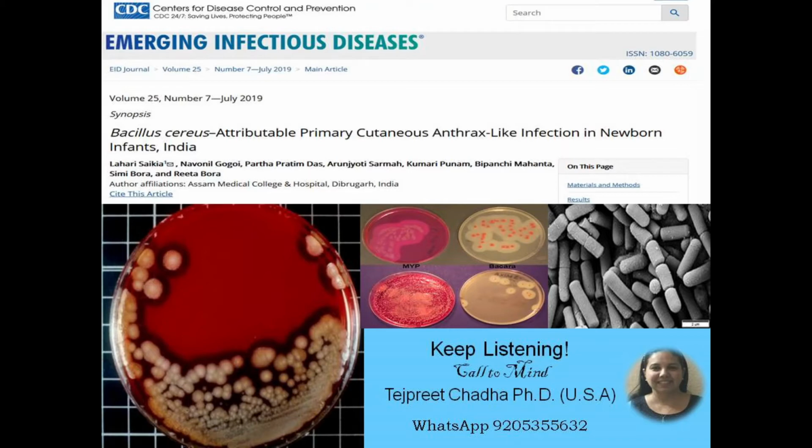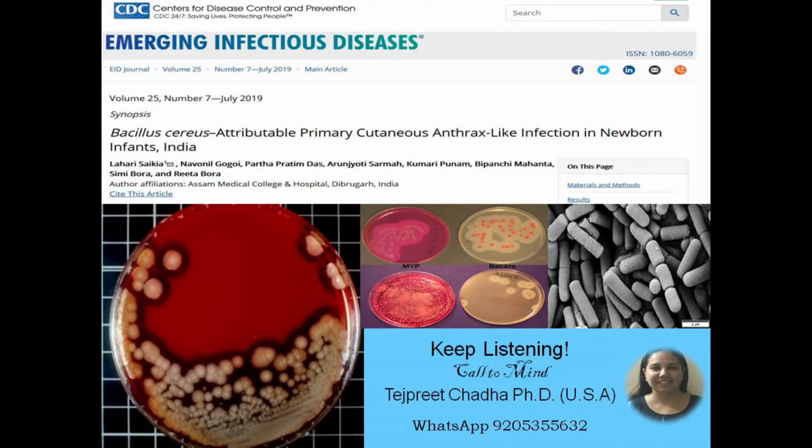The environmental reservoirs include air filtration, ventilation equipment, linen, medical devices, hands of the staff. So these are some of the common environmental reservoirs.